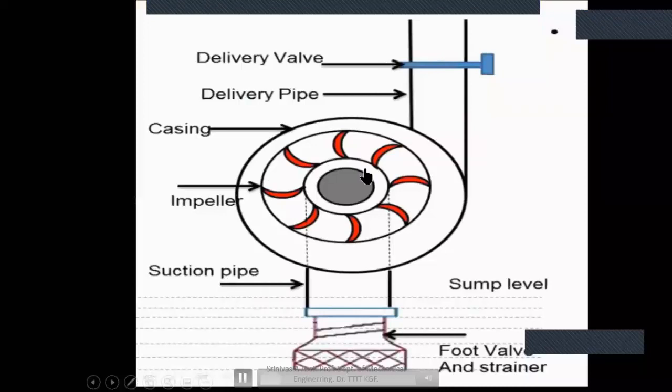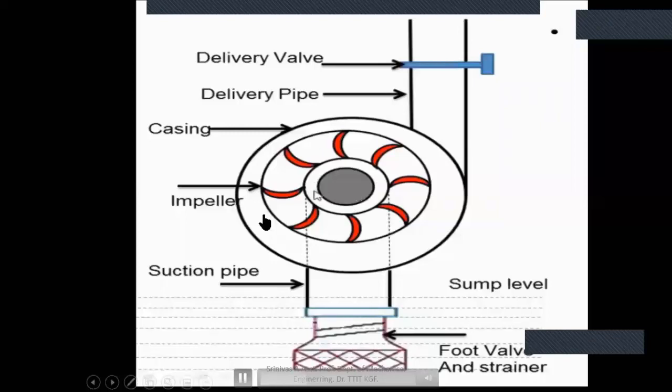When it enters at the eye of the impeller, negative pressure is created, that is, pressure less than atmospheric pressure. Because of the negative pressure, water from the sump is rushed to the impeller, and then the cycle continues. Water will be discharged. This is the normal process.